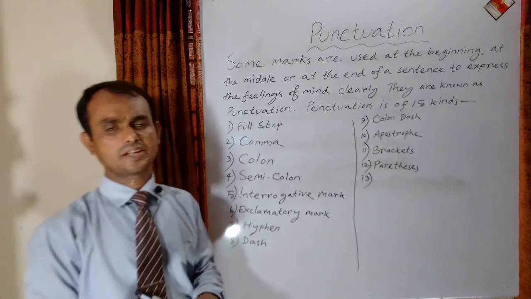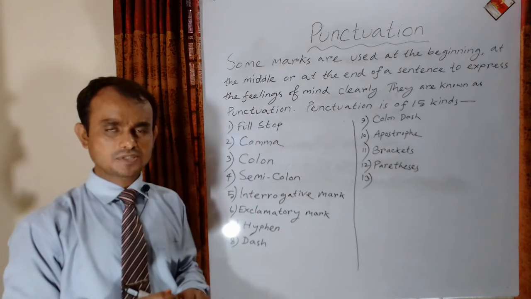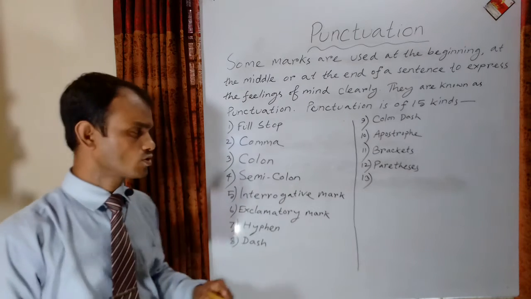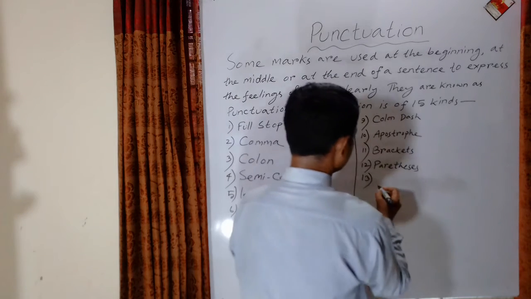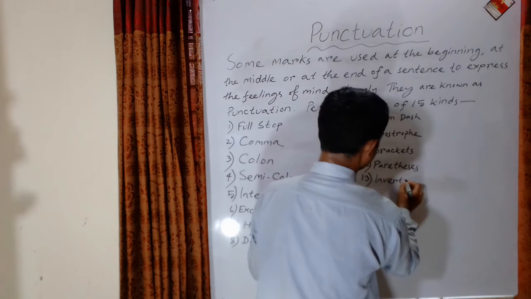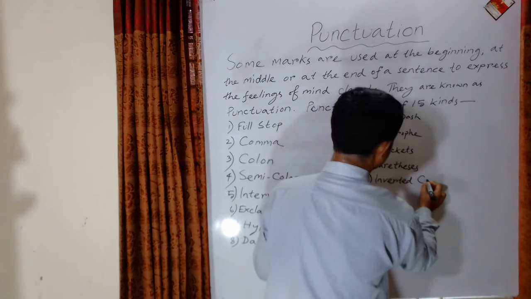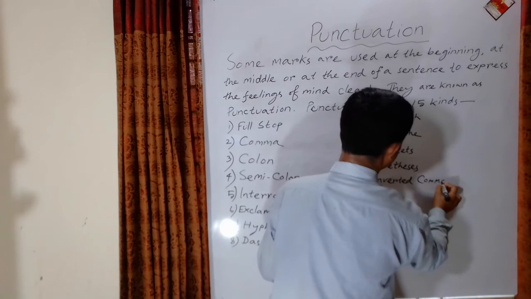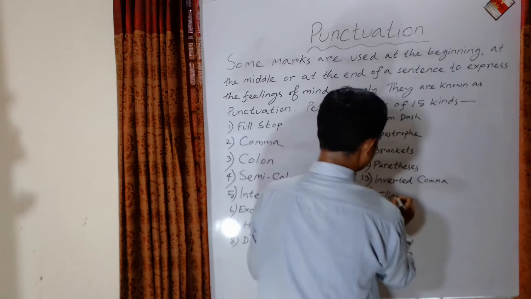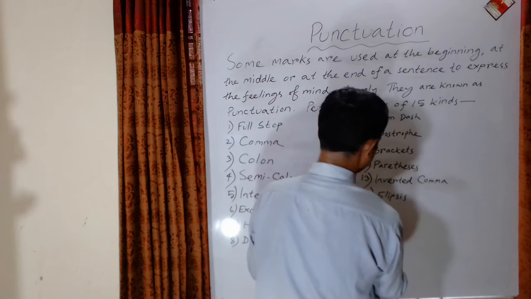Three are yet left: ellipsis, asterisk, and which one? Inverted comma. Ellipsis, 15, asterisk.